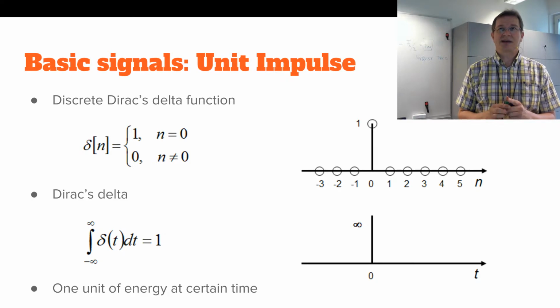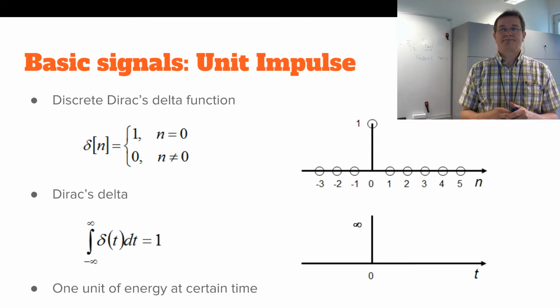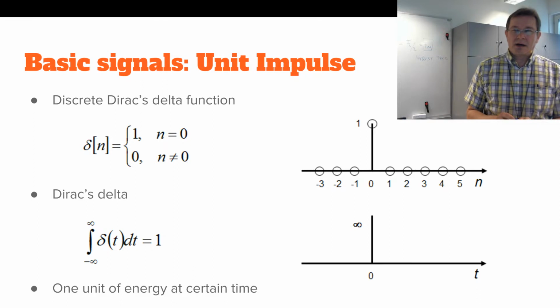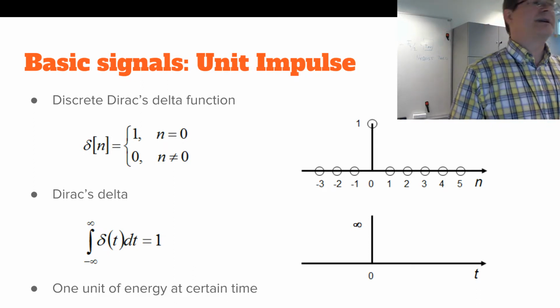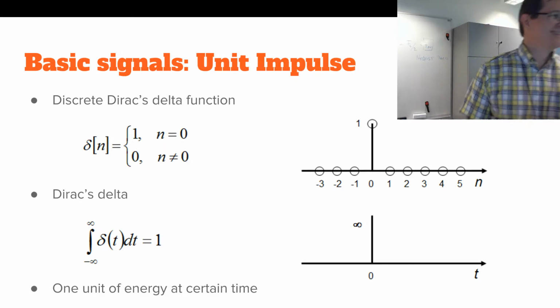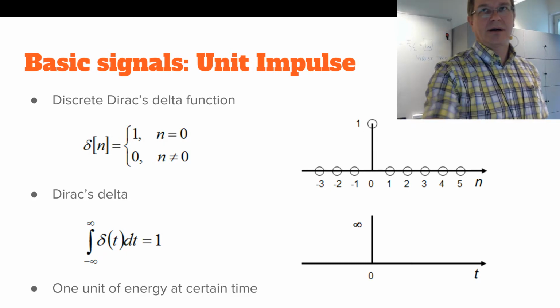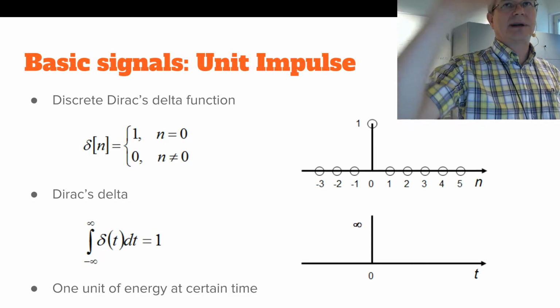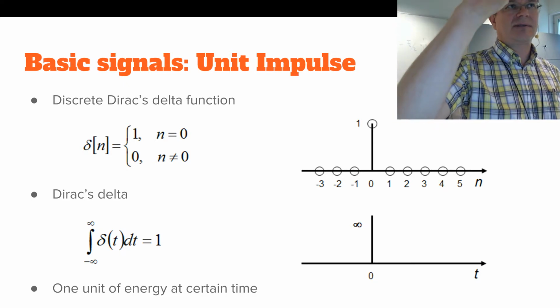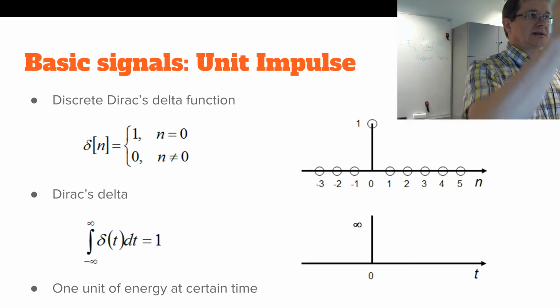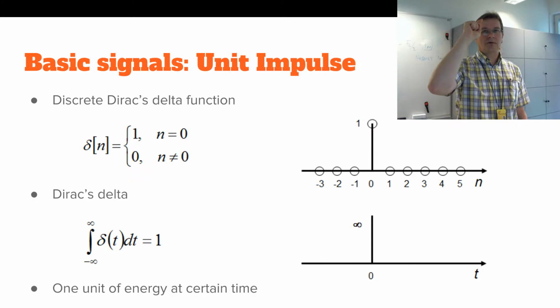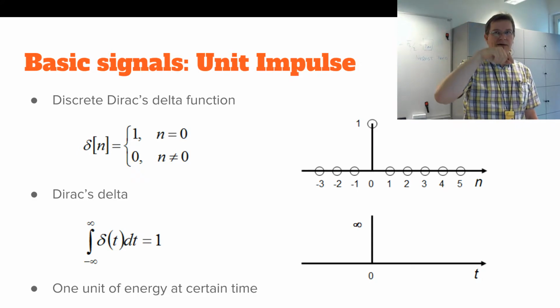So it's basically a partly integrated Dirac's delta. But anyways, it's easier to remember that. Okay, so its value is 0 elsewhere except if the index is 0, then it gets the value 1, otherwise 0.